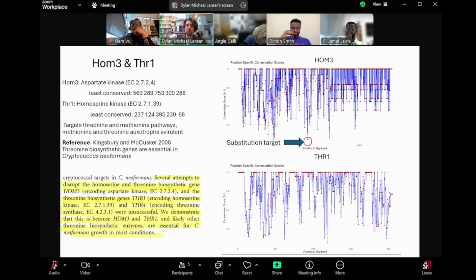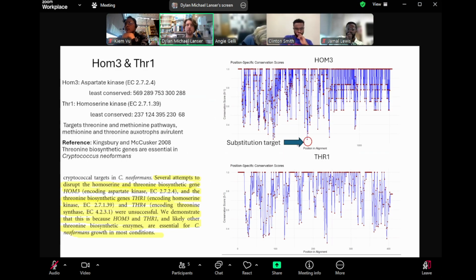It's pretty self-explanatory. For example, this pair here, HOM3 and THR1, are part of the homoserine and threonine biosynthetic pathway.